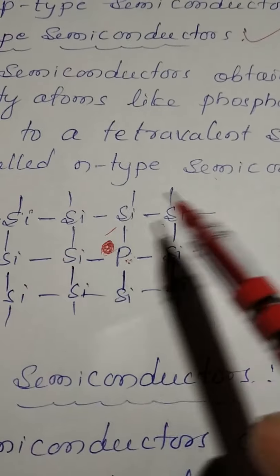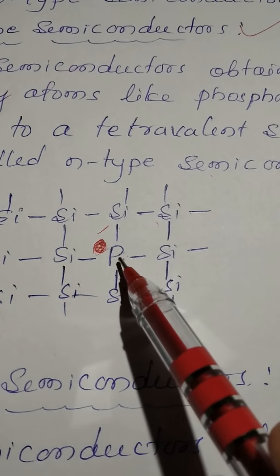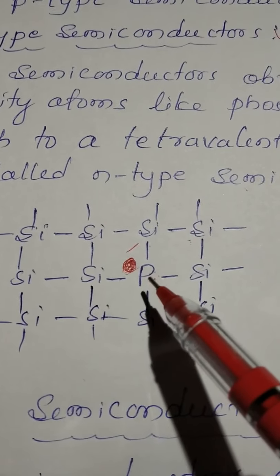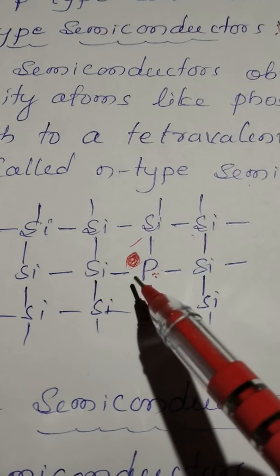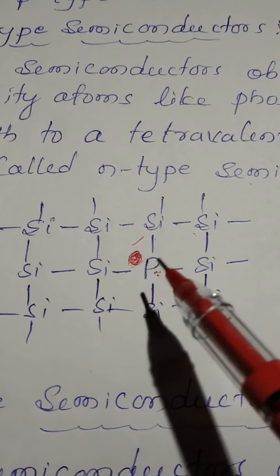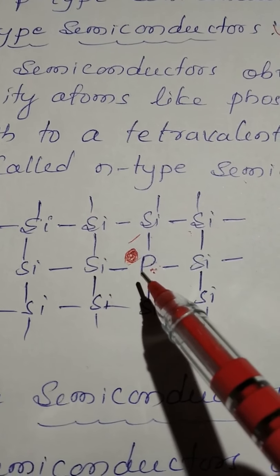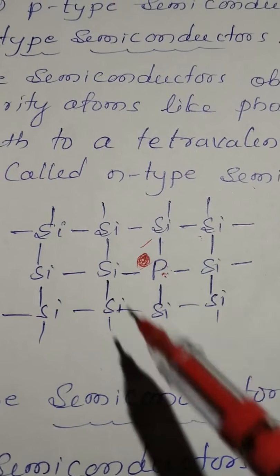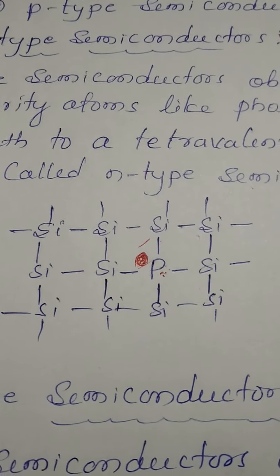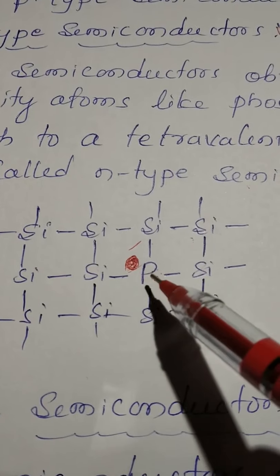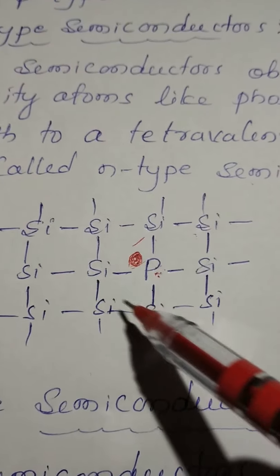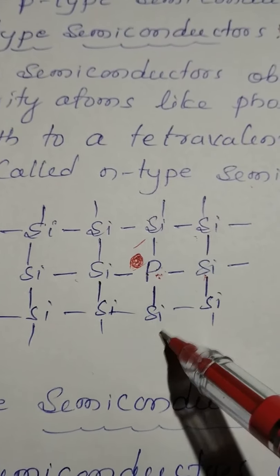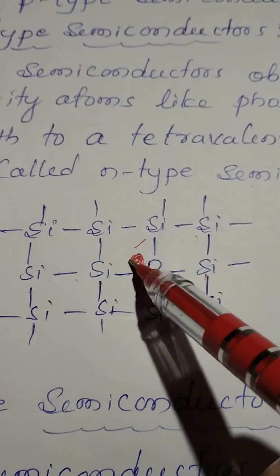The silicon is doped with the group 15 element, that is phosphorus. Since it contains 5 valence electrons, 4 valence electrons are involved in bonding with 4 silicon atoms. So 4 covalent bonds form between phosphorus and 4 silicon atoms, but 1 electron is in excess.